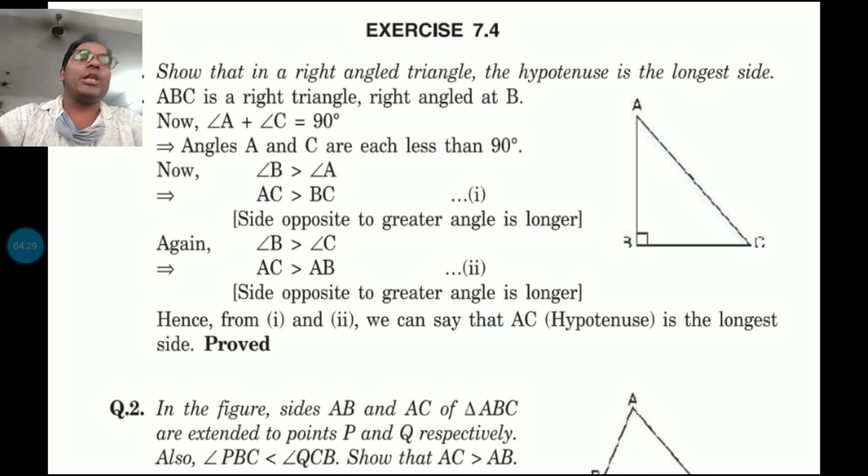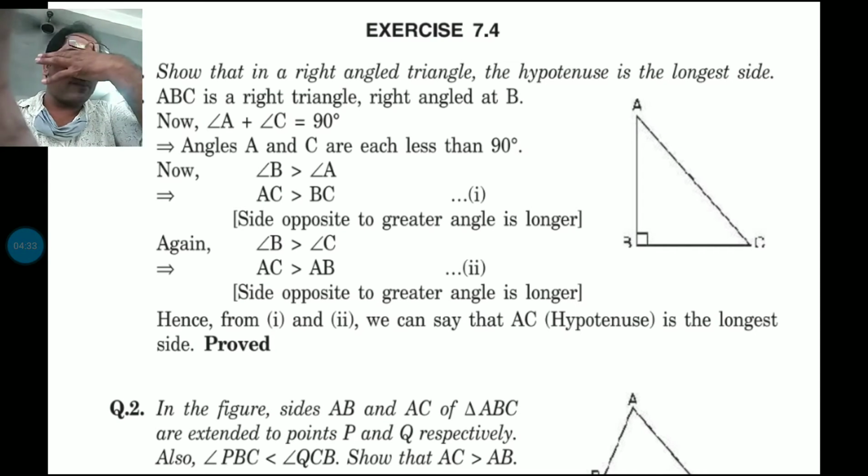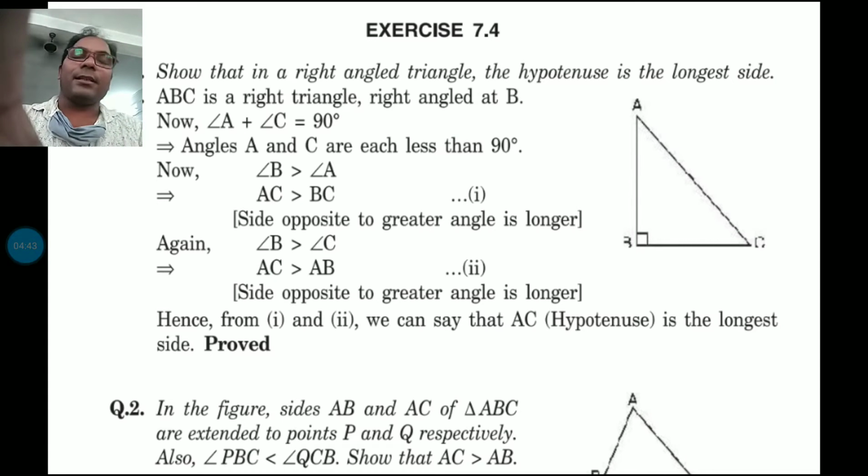And now some inequalities: if a side is larger in a triangle, then the angle opposite to the larger side will also be greater than the other angles. And if a side is smaller, then the angle opposite to the smaller side will also be smaller. So you have to keep this in mind.